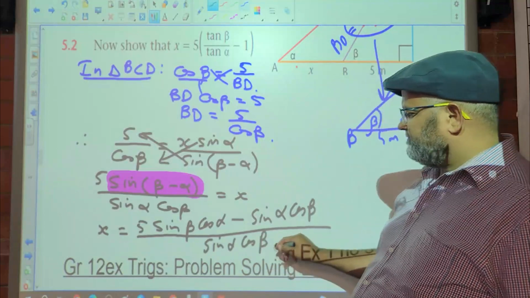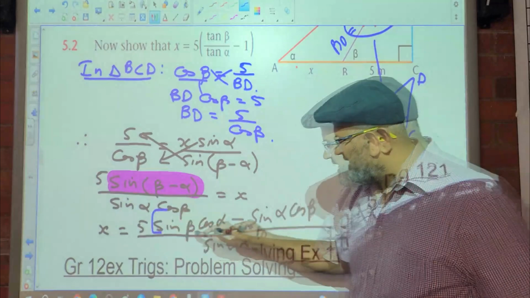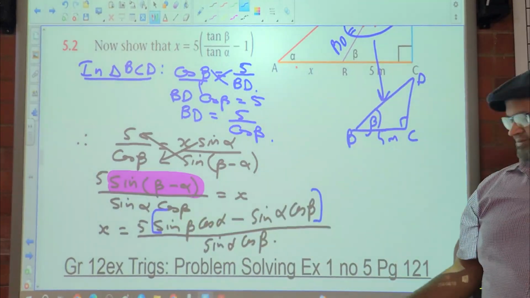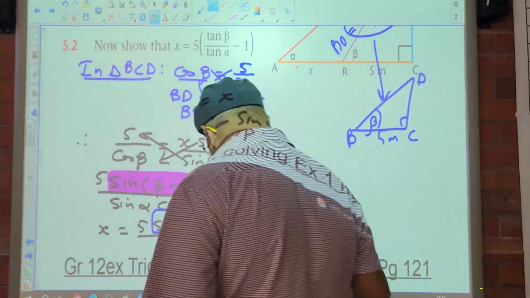What's my mistake here? What should I have done here? I need a bracket here. Why? Because the 5 must be multiplied in.